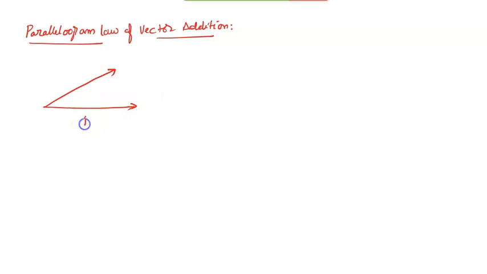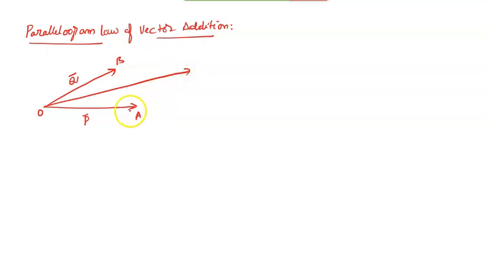This is P bar and this is Q bar. Two vectors are starting from the point O and they are represented by two adjacent sides of a parallelogram, OA, OB. Then the resultant is in the direction of the diagonal passing through the same point, both in magnitude and direction.